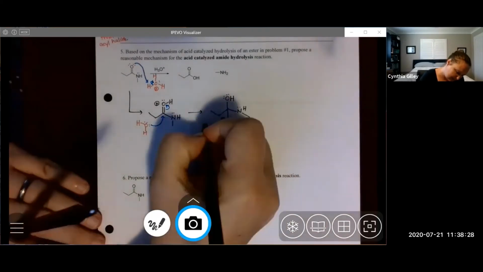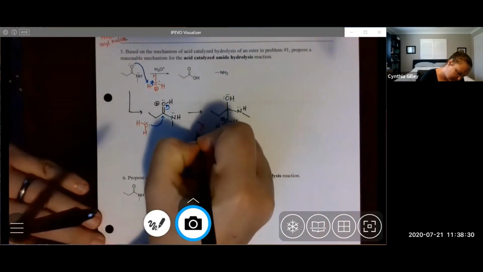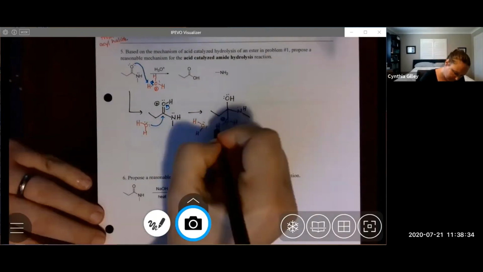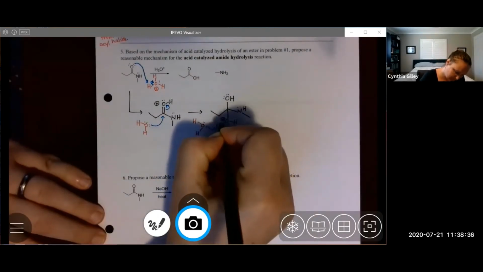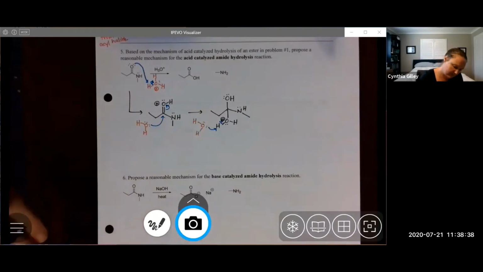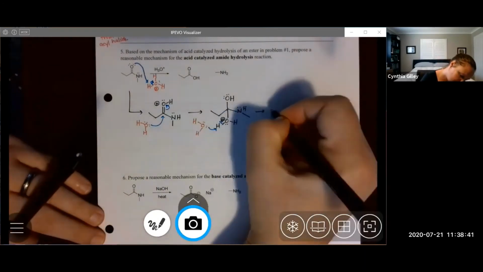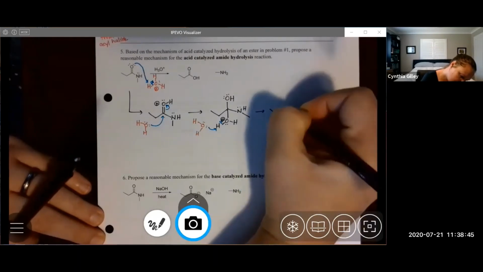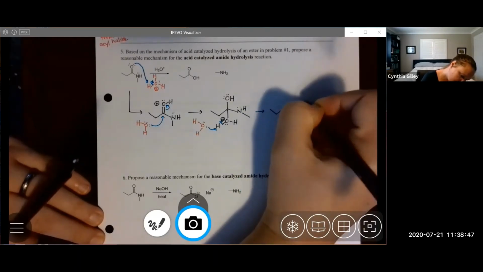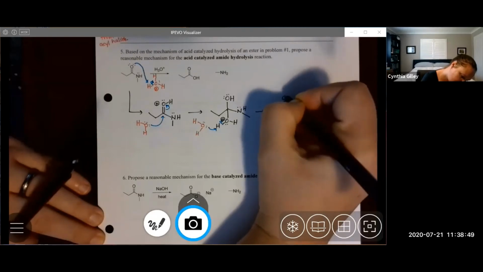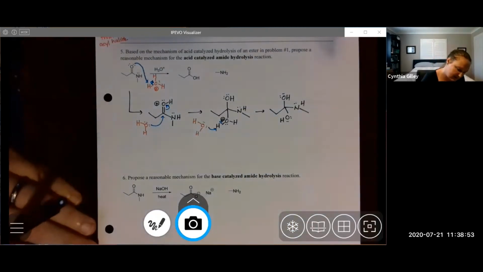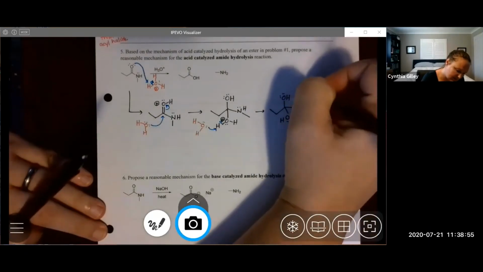We can just use a water molecule to deprotonate, and then we can use some hydronium to protonate the nitrogen.